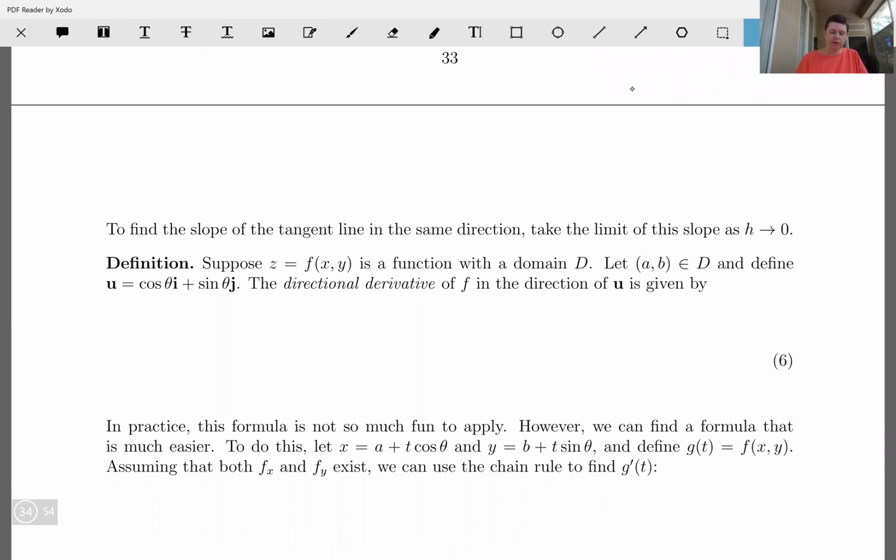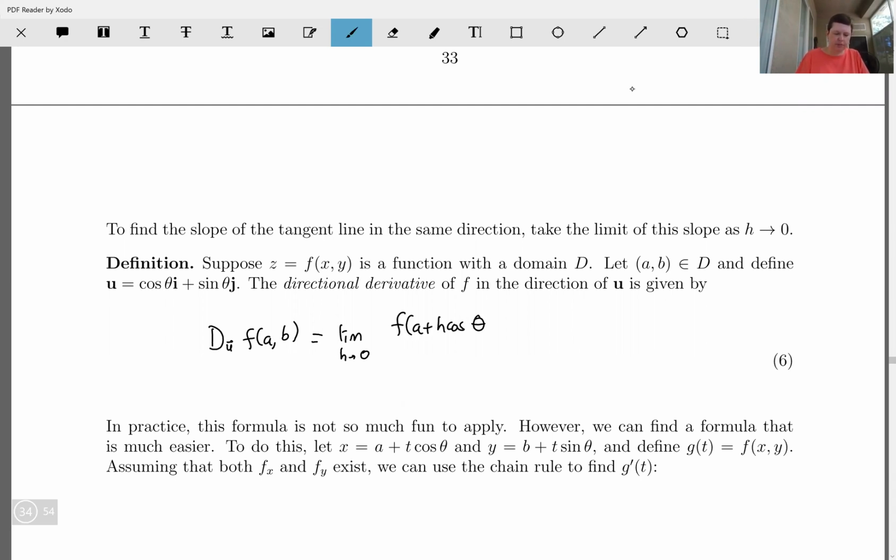The directional derivative of f in the direction of u is denoted with a capital D, and it is equal to the limit as h goes to 0 of that slope. And so that's the definition.